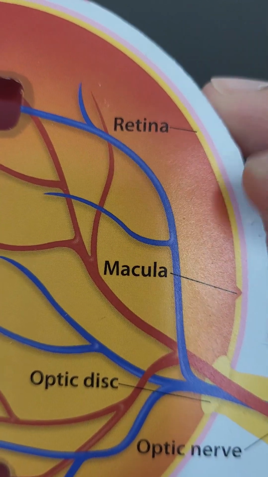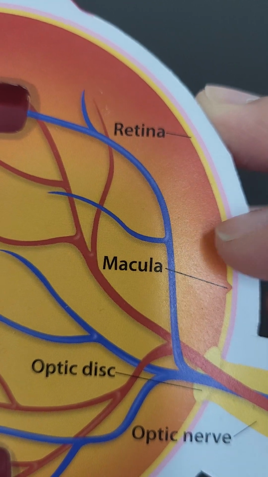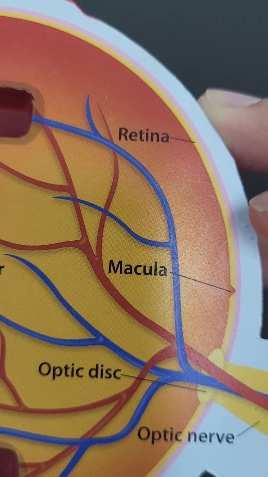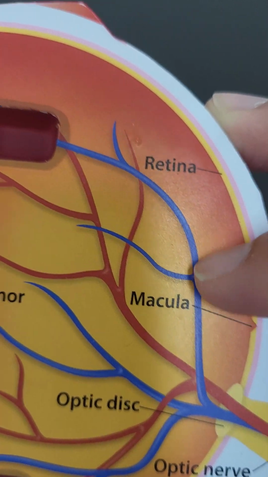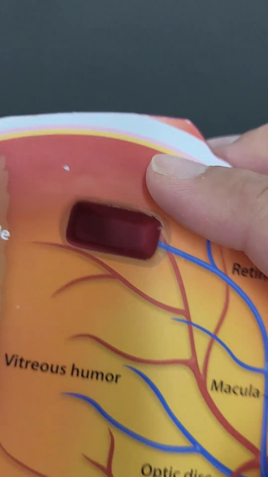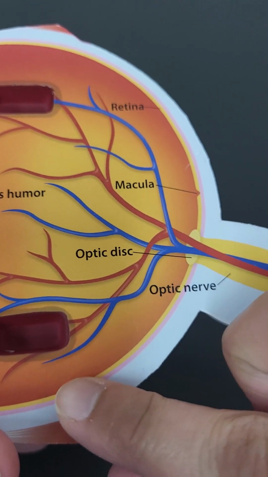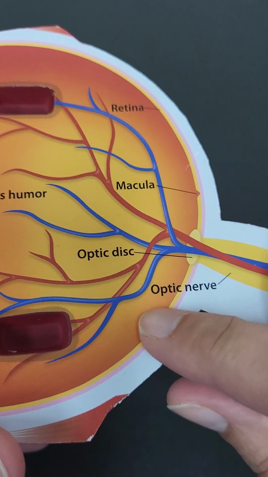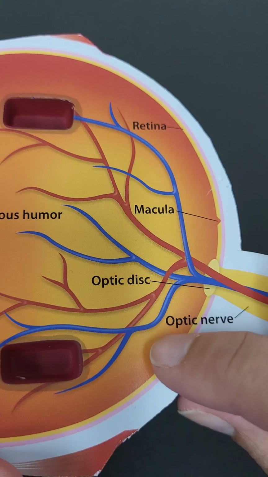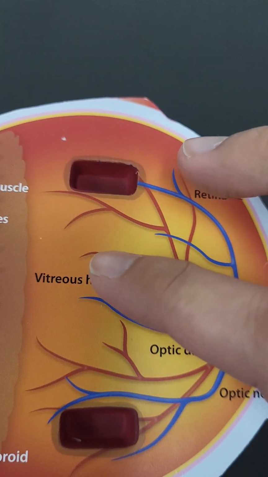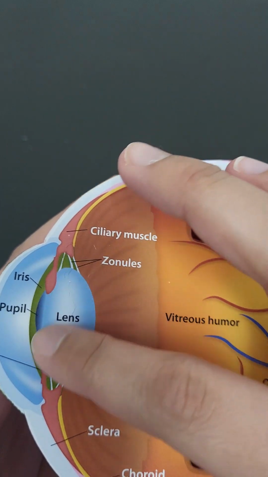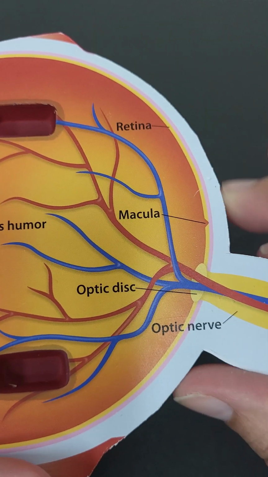So we've got lots of rods and cones, mostly cones, because that's what helps you see detailed stuff and color and light. The rods hang out more collectively towards the outer parts of the retina, and they are what help you understand the information coming in from the outer part of your pupil, so your peripheral vision.